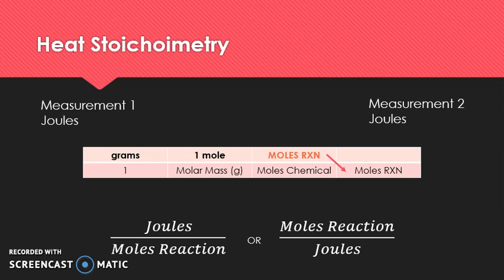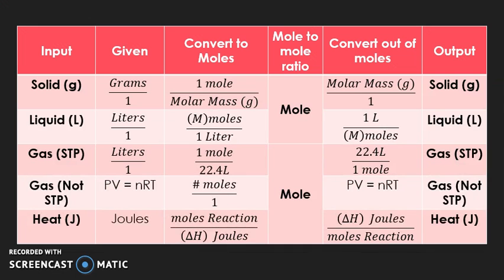After this, what we'd be able to do is allow moles reaction to cross down to the bottom of the next box and be replaced with joules up top, applying delta H in this other form at the end of the problem, joules over moles reaction. And if I solve the problem at this point, because joules are in the top of the last box, joules would be the unit that I should be expecting on my second measurement.